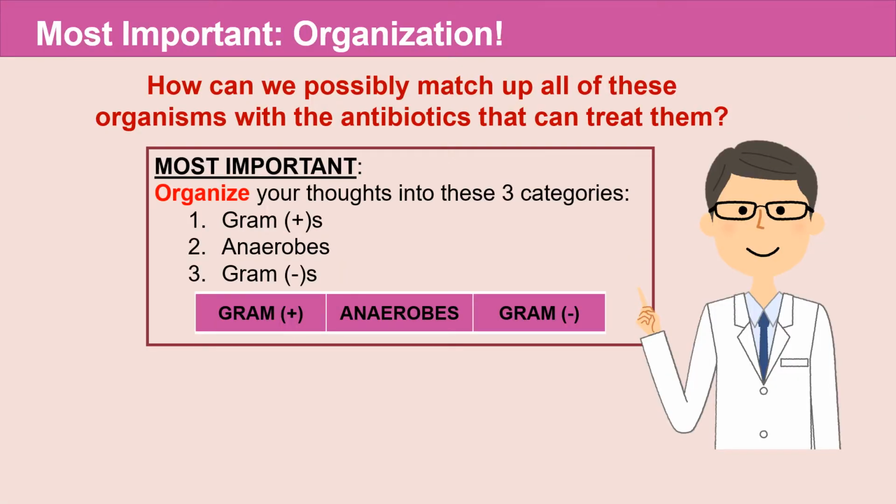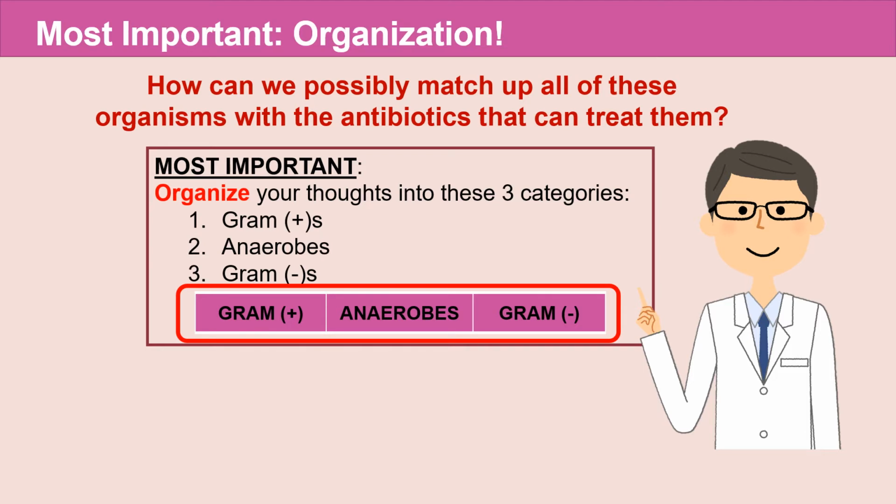You may be thinking, how can I possibly match up all of these organisms with their respective antibiotics that are used to treat them? Well, it is very difficult. And in order to avoid getting mixed up, it's very important to organize your thoughts into the 3 key categories that we previously discussed: the gram-positives, the anaerobes, and the gram-negatives.